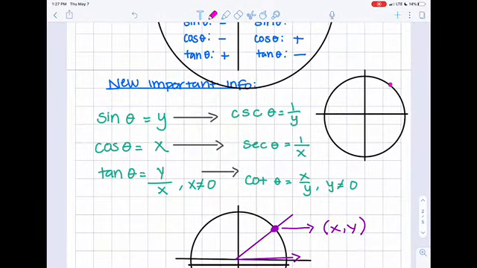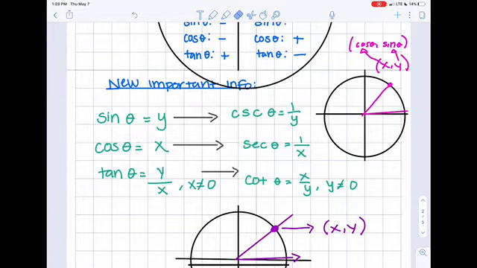Let's get into this, and let me bring this reminder down that any point here would be, yes, your x and y, but it's also cosine theta, comma, sine theta. So your y is your sine and your x is your cosine. Okay, so with that being said, I wrote it down in words as well.